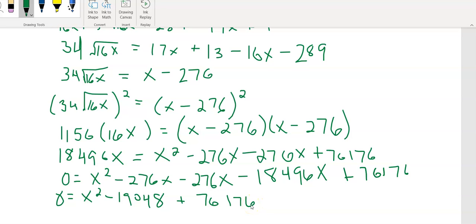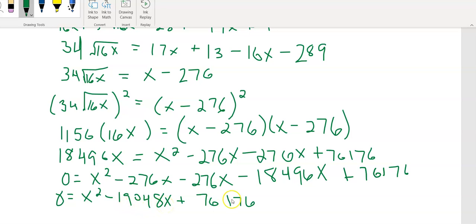Okay, so this may or may not factor. I'm going to play around for a second and just divide numbers into 76,176 and see what might work here. So just so you know how I did this, this is a really big number, and so we need factors of this that add to this right here. They'll both have to be negative, since this is a plus, and we need a negative in here. Oops, and somehow I left the x out there.